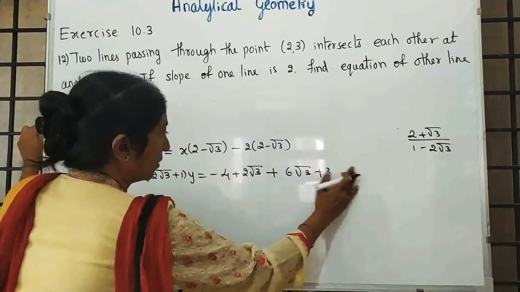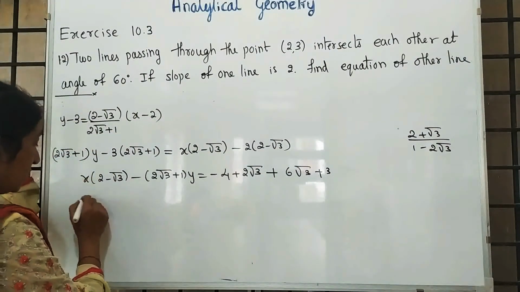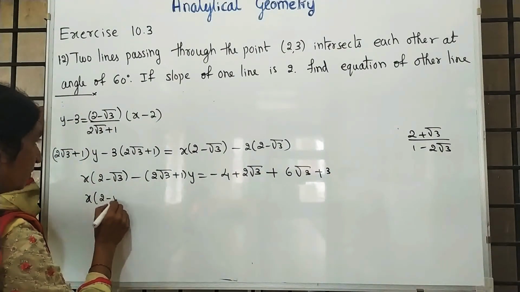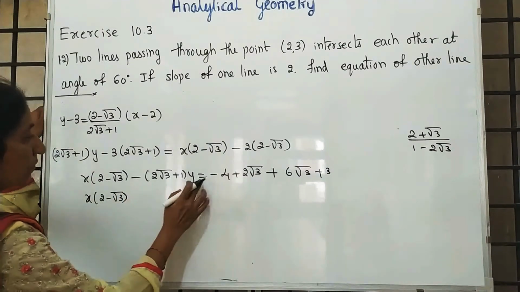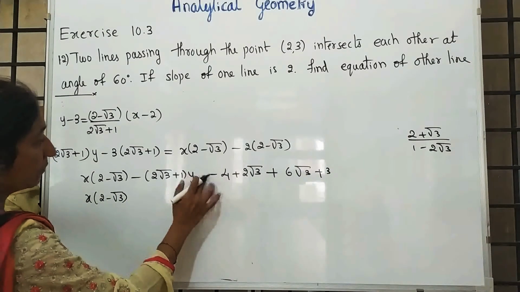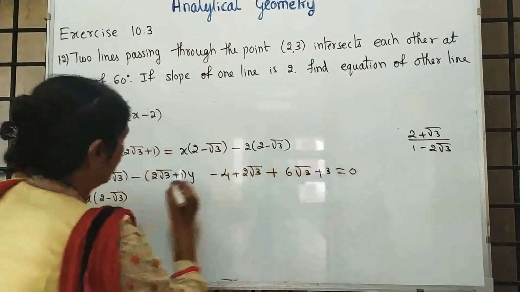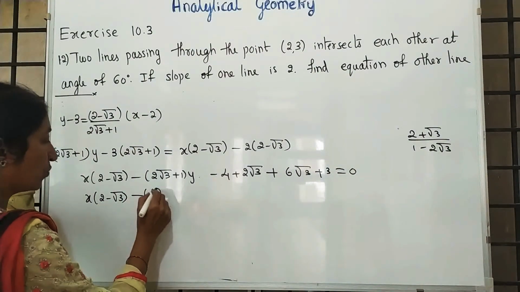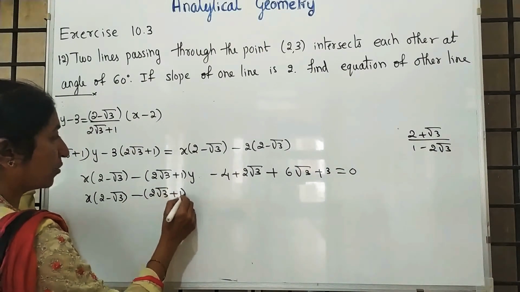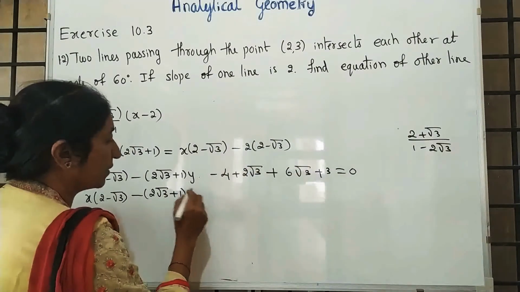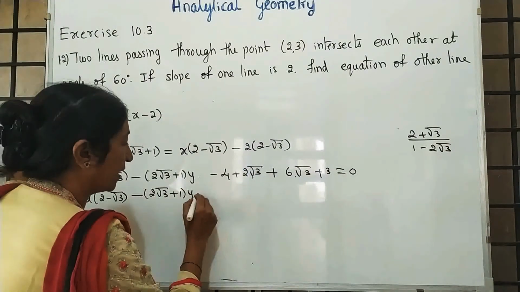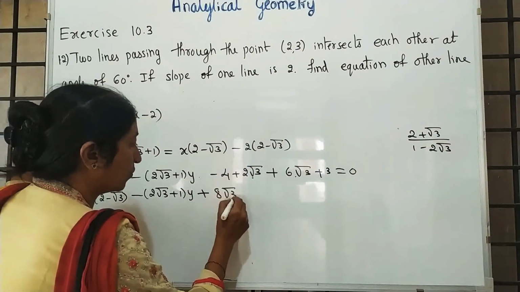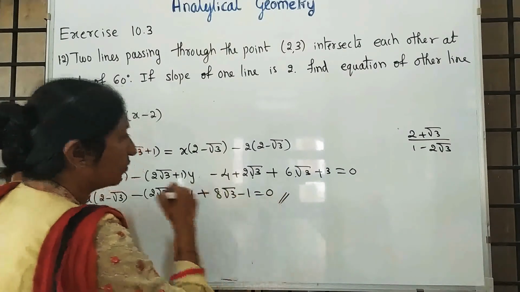Sorry, that I wrote on the right side. Minus (2 root 3 plus 1) into y, minus 4 plus 3 is minus 1, and this is 8 root 3. 8 root 3 minus 1 is equal to 0.